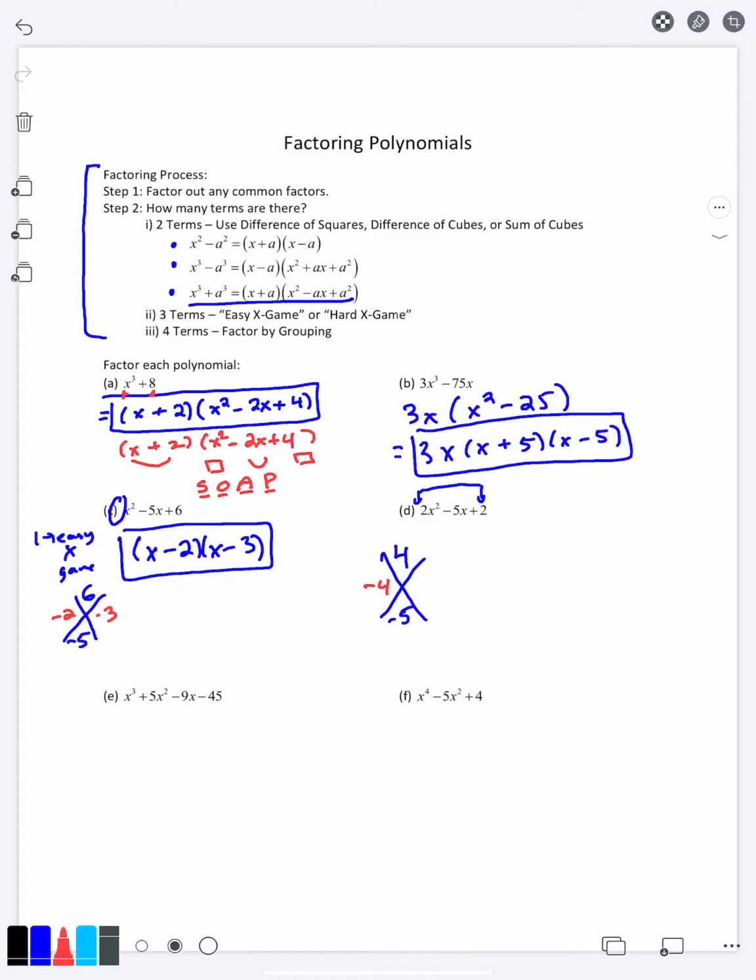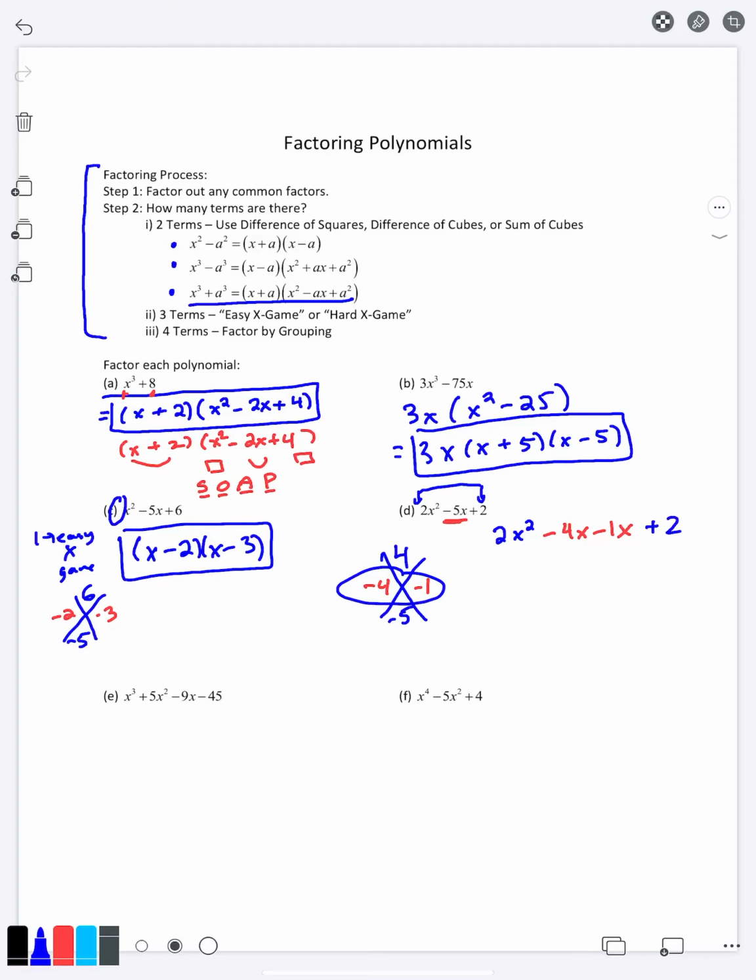Well, that would be negative 4 and negative 1. And here's how it's going to happen. You can't write down the answer right away. What you're going to do is you're going to do 2x squared, and you're going to break up this middle term. Instead of it being minus 5x, it's going to be minus 4x minus 1x, which comes from the two numbers you got in the x game.